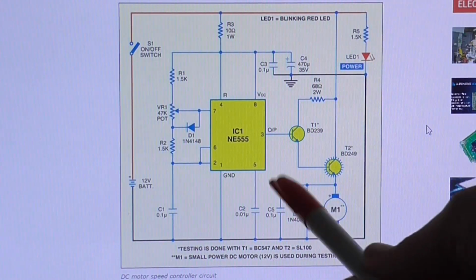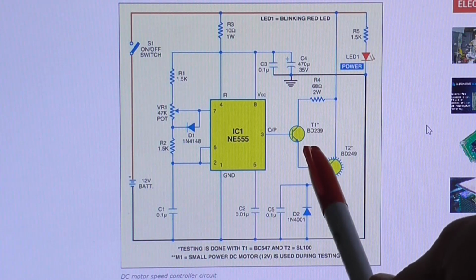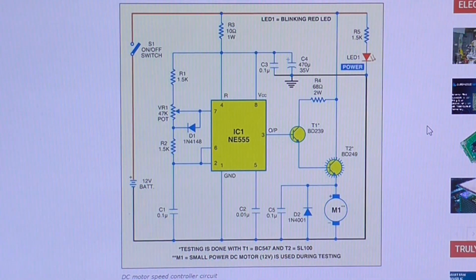The other thing I don't like is pin 3 is directly driving the base of this BD239, which is a 220 device. I don't have one of those. I've got a BD139. I looked at the data sheet for the 239 and it's 115 volts for the collector to emitter voltage and 2 amps, whereas the BD139 is 80 volts collector to emitter and 1.5 amps.